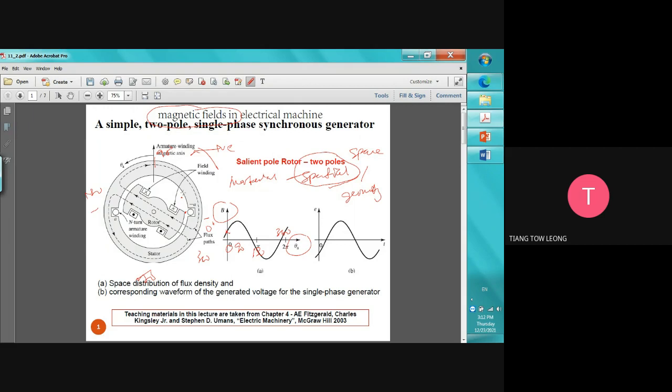So at this point, the rotor at this instance is not rotating. So the magnetic field maybe is like this. Then when it comes to 90 degrees, it is this point. When it goes to 180, it becomes 0.